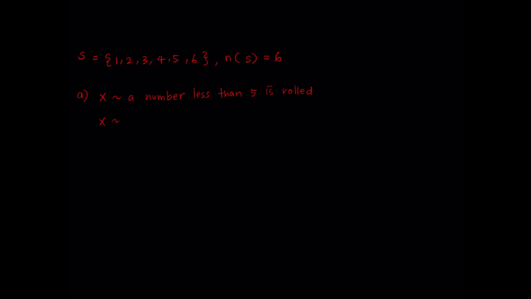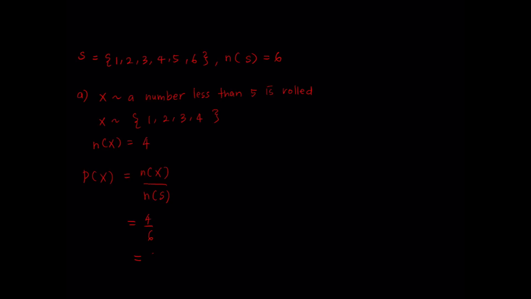And for X, we want to choose any number that is less than 5. So that is 1, 2, 3, and 4. So the number of outcomes here is 4. Hence, the probability of getting a number less than 5 is n(X) over n(S), which is 4 over 6.